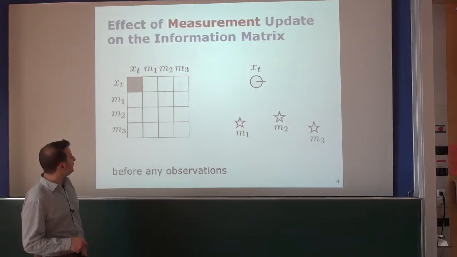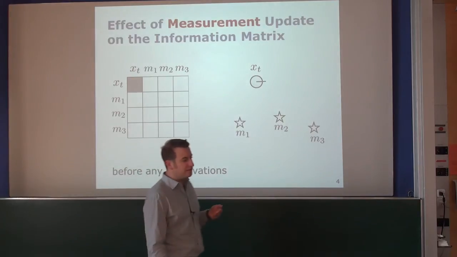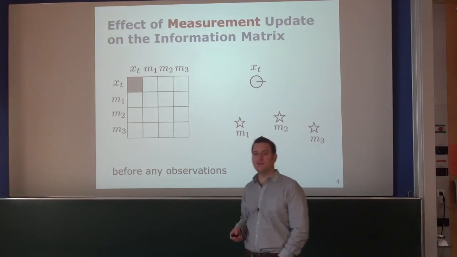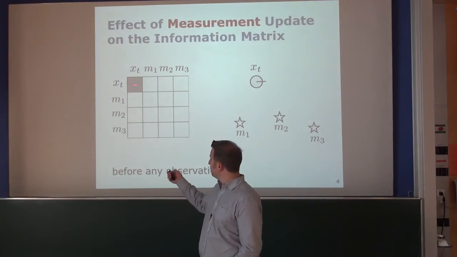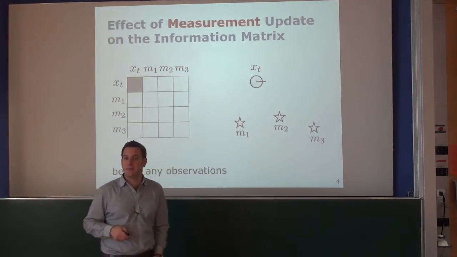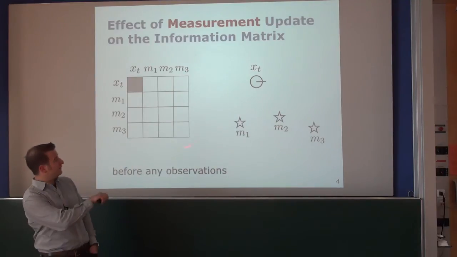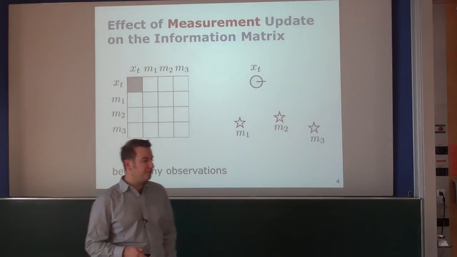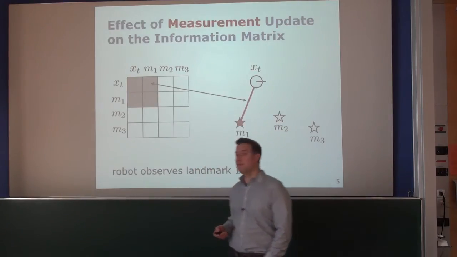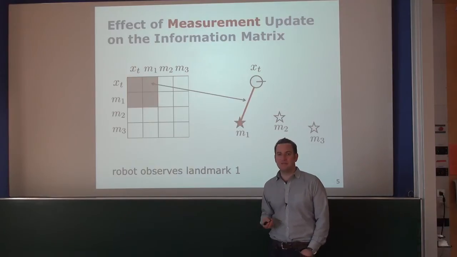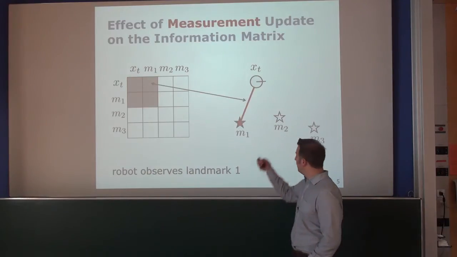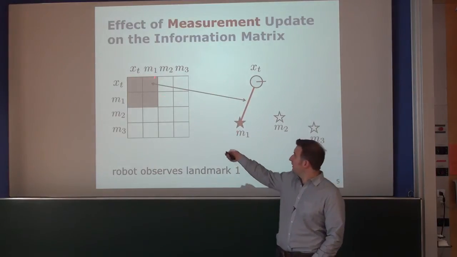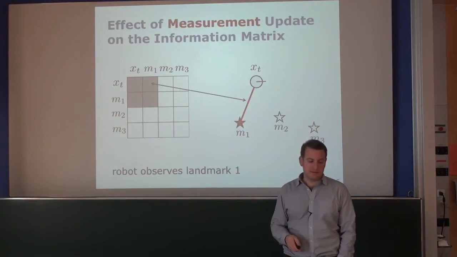Just as a short reminder, what was the effect of a measurement? So in this example, again, this is our information matrix before introducing any observation. So we have some uncertainty about the robot's pose, but no landmark has been observed. We have 3 landmarks, M1, M2, M3 in the environment. And if I measure, for example, the position of the first landmark relative to the robot's pose, I obtain such a link between the robot's pose and the landmark, and this corresponds to this off-diagonal element.